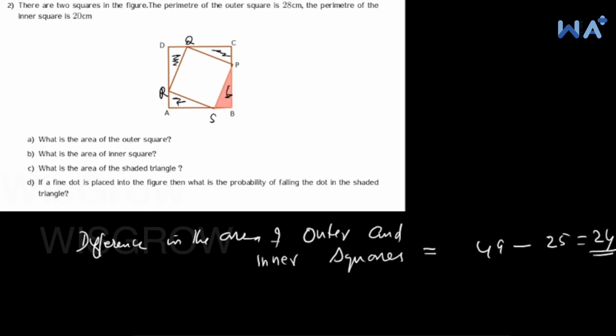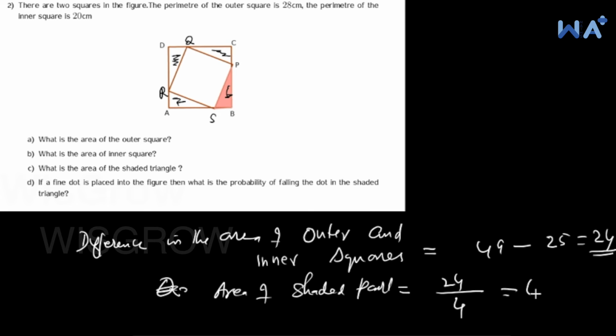Therefore, area of shaded part is equal to, അതിലൊരു ഭാഗം കാരണം equal ആയിട്ടാണ് 4 വശത്തും വരുന്നത്, 24/4, that is equal to 6.